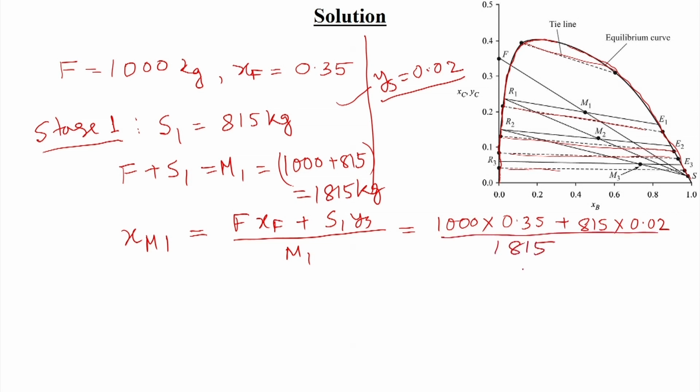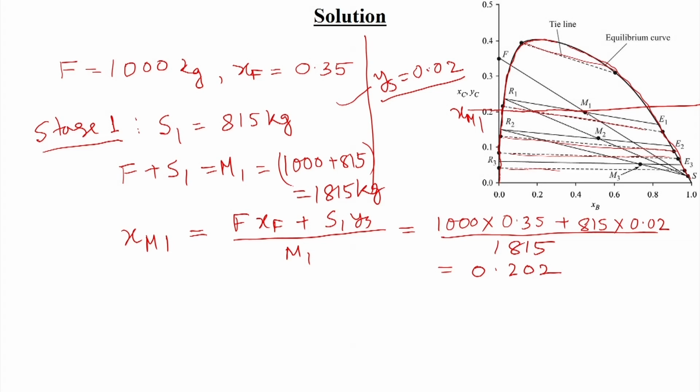It comes out as 0.202. So this is xm1, which is 0.202, just above 0.2.